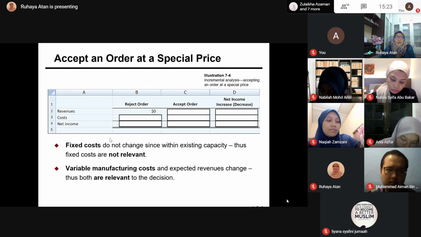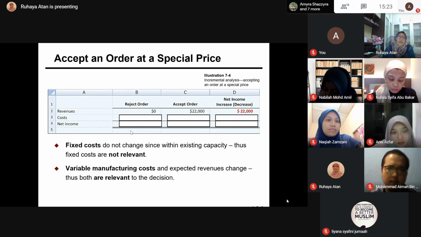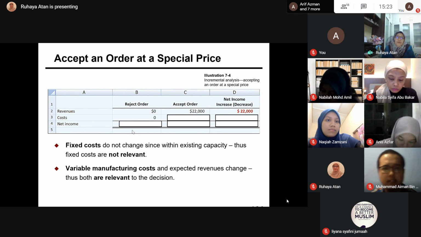If they reject the offer, of course, they don't get any revenue. But if they accept it, they will get 22,000. If they reject the offer, no cost involved. But if they accept the offer, it's 16,000. Do you know how to get 16,000?